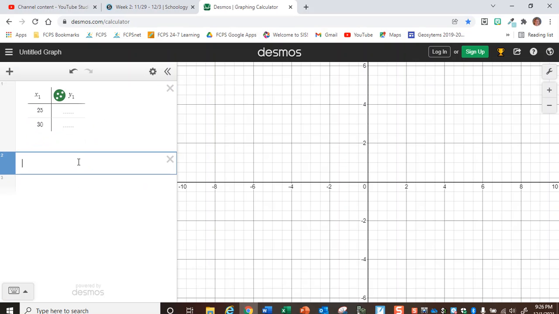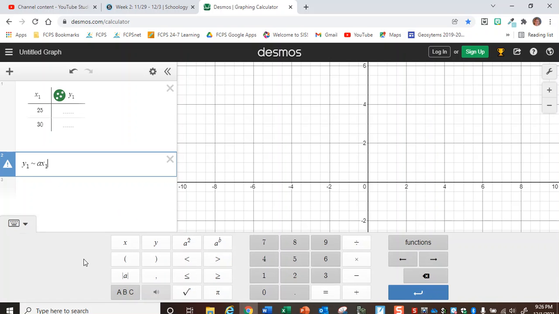And then what you need to put in is your equation. So you're going to do y1, because these have to match. So this is y1 in my table, so this is going to be y1. And then you do the shift, and then you get the tilde, and then you're going to do ax1, and to make it quadratic, it has to be to the second power.